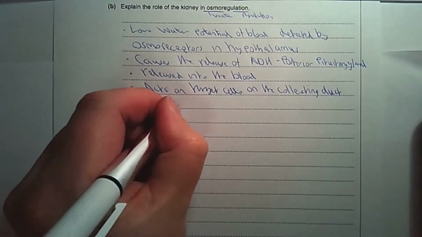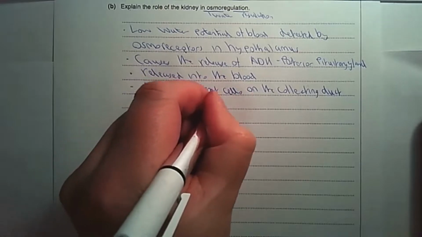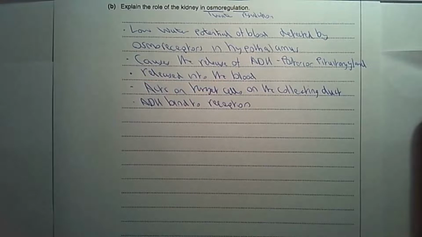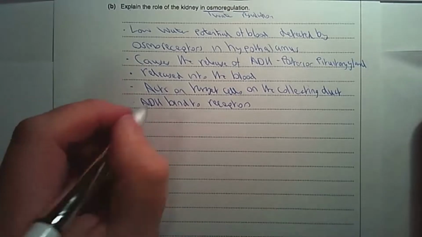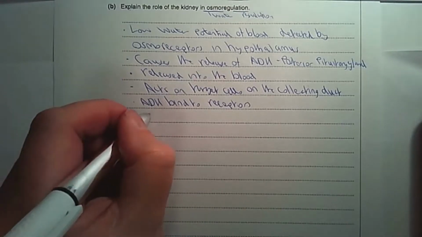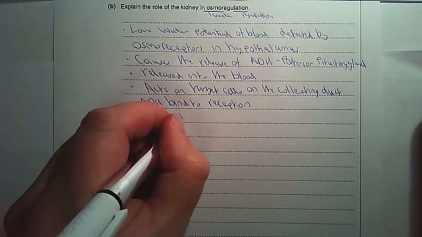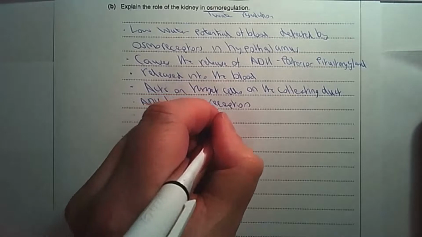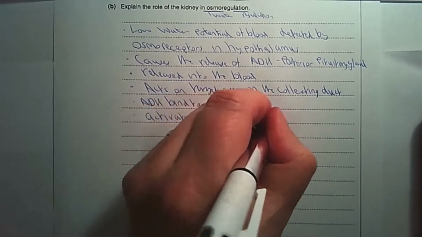ADH will bind to receptors on the cell surface membrane of that collecting duct, and that will trigger a series of enzymes to be activated within the cell. So it activates enzymes in the cell.